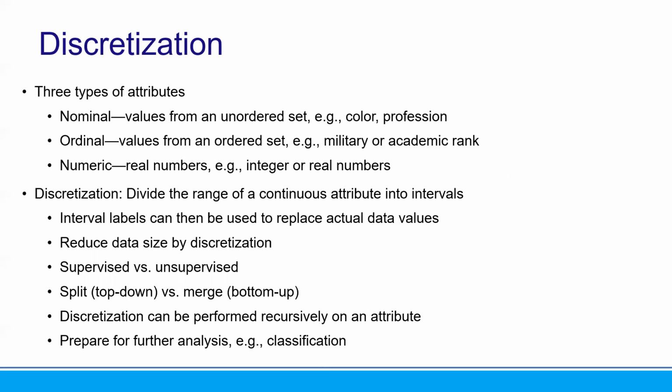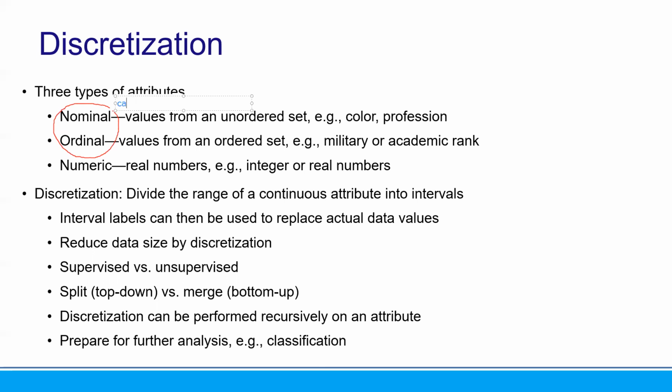Now we can deal with discretization. What is discretization? There are 3 kinds of attributes. You might ask why 3? Because we know those 2 belong to categorical data. You still remember?